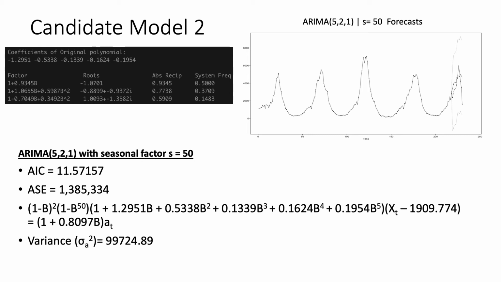This model also has complex conjugate roots, although they aren't the most dominant factor. We also see similarly wide confidence intervals, although our forecast points seem to fit the data a lot more closely than our previous model. Though the ASE is considerably higher, the seasonality component might fit the data a little bit better, even with a less accurate forecast.